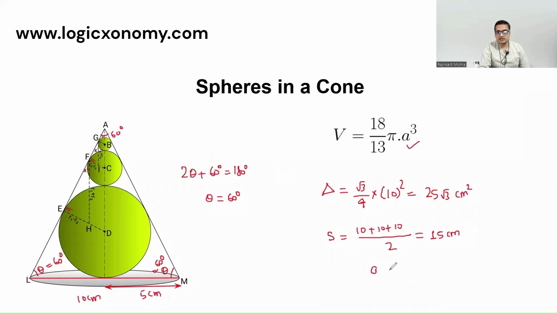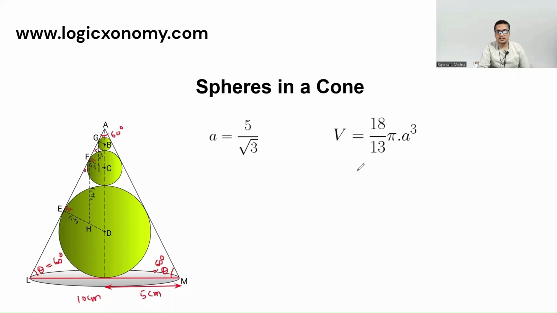So the inradius of this triangle is equal to delta upon S, 25 root 3 by 15, which is equal to 5 root 3 by 3 or 5 by root 3 centimeter. Here the radius of this largest circle is the inradius of triangle ALM. So A is equal to 5 by root 3.